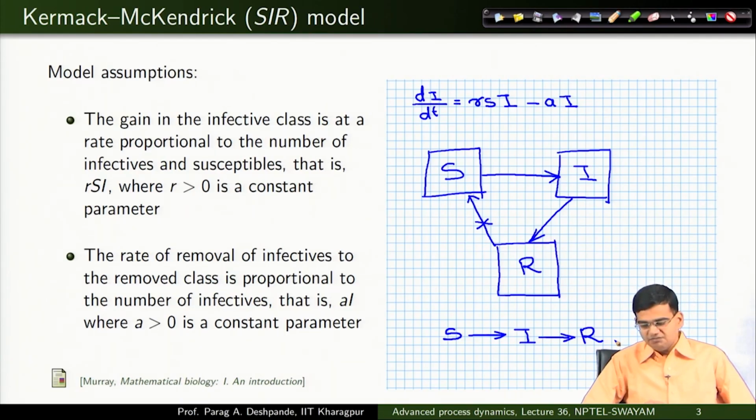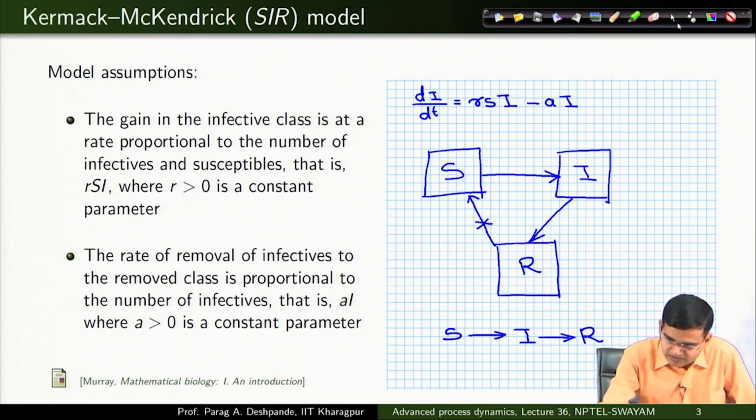Now, in my case, the number of susceptibles is changing with time, the number of infectives is changing with time, and so is the number of removed. But I have only one equation here, which is dI/dt is equal to R S I minus A I. I should in principle be in a position to write the corresponding dynamical equations for S and R as well. Let us see what those equations are.